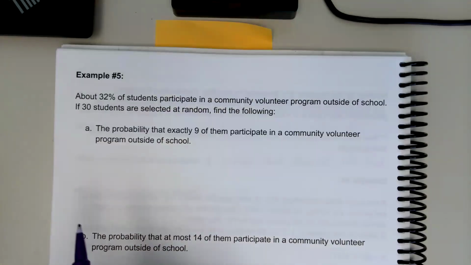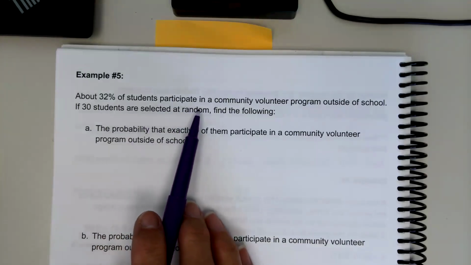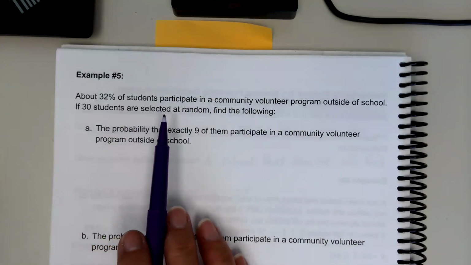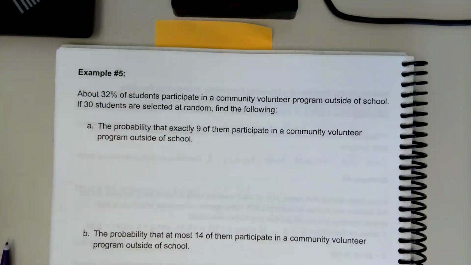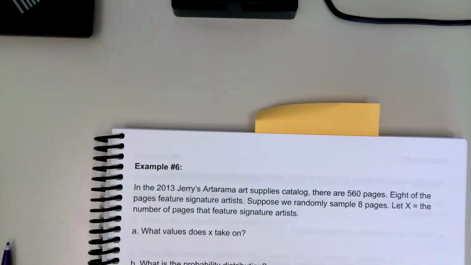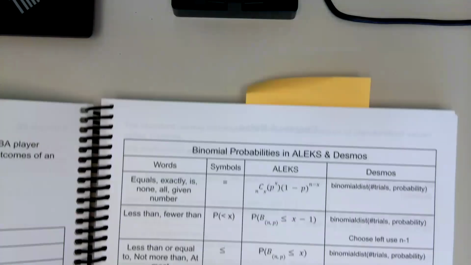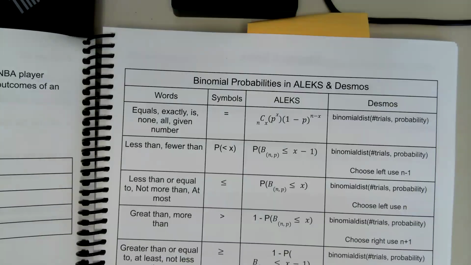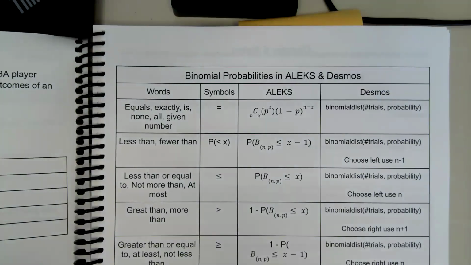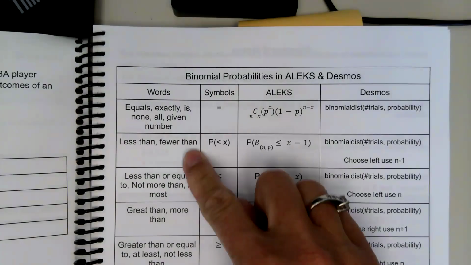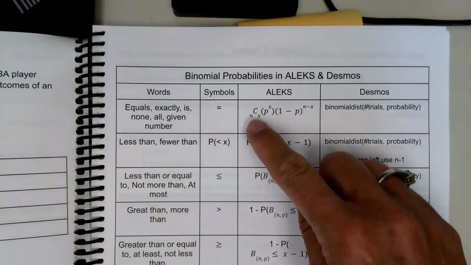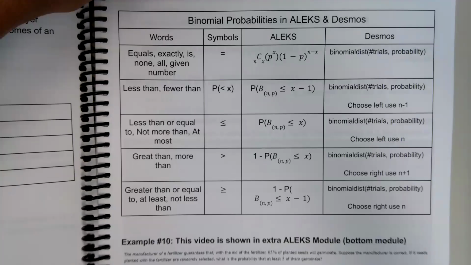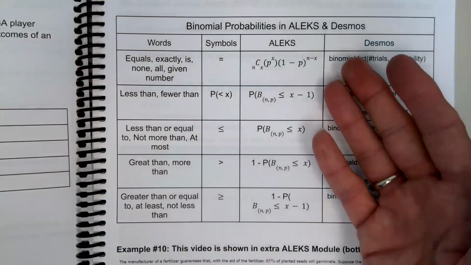Table 5 says, about 32% of students participate in a community program outside of school. If 30 students are selected at random, find the following. So if you turned to the end of chapter 5.3 here on page 119, you will see the words that are going to be described in some of the problems, the symbols that will be used with those words, the commands that you would use in ALEX if you wanted to do them.